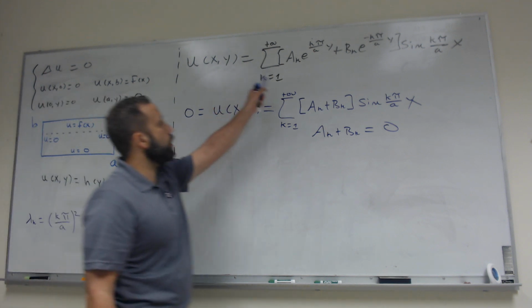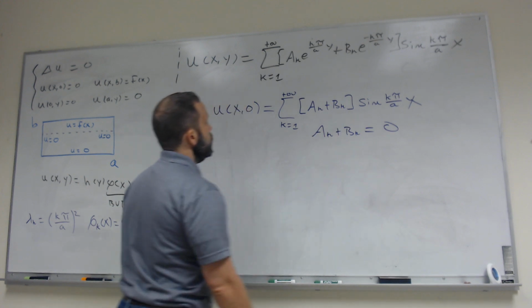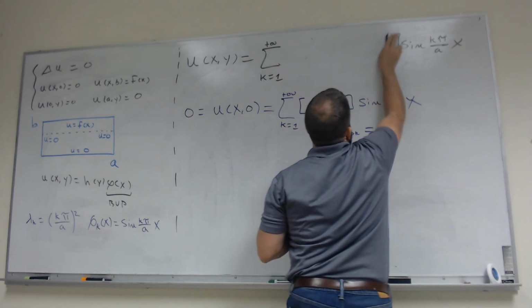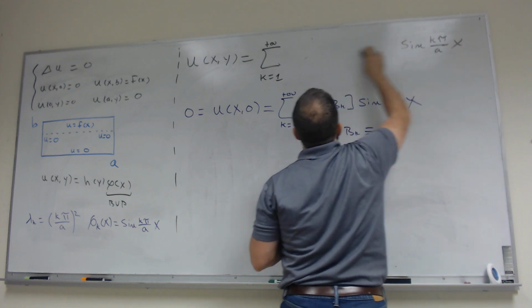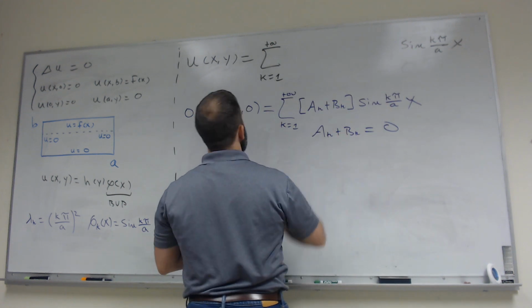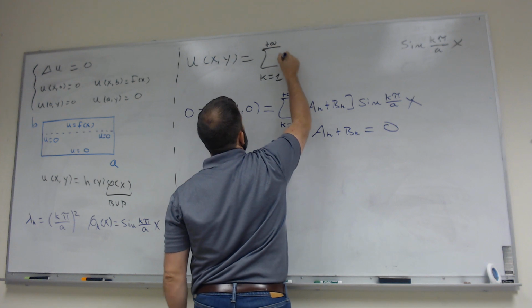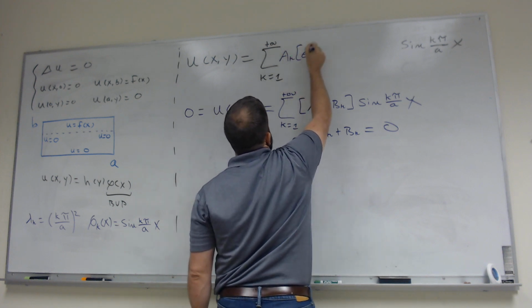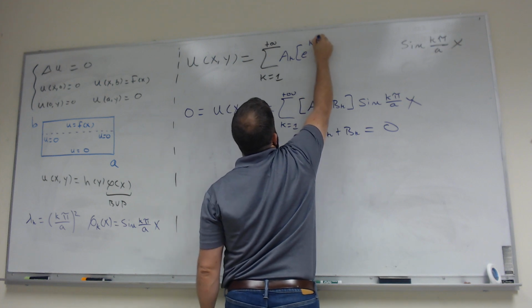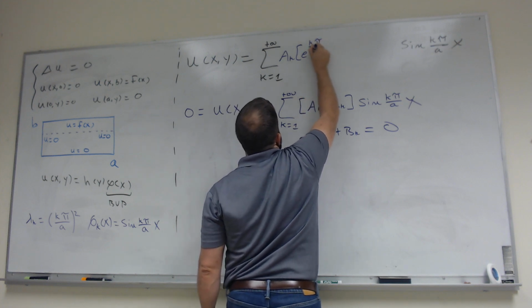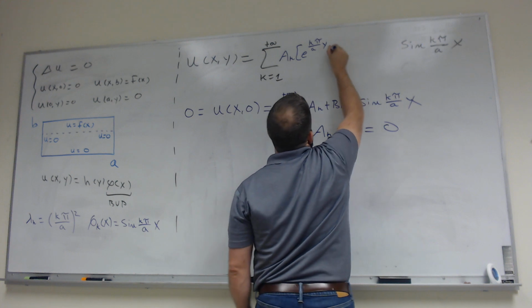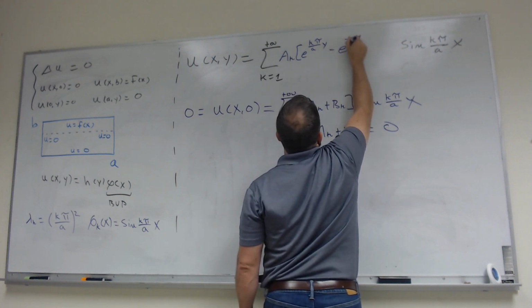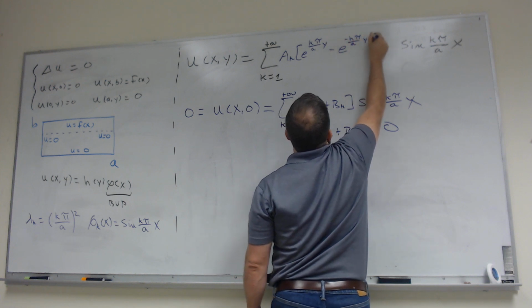And so I'm going to rewrite this a little bit up here, reflecting that fact, in a different color so that we see what's happening. So I have AK times e to the k pi over a y minus e to the minus k pi over a y.